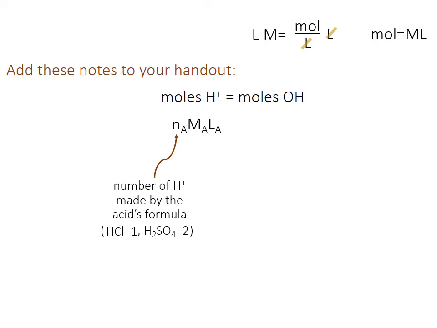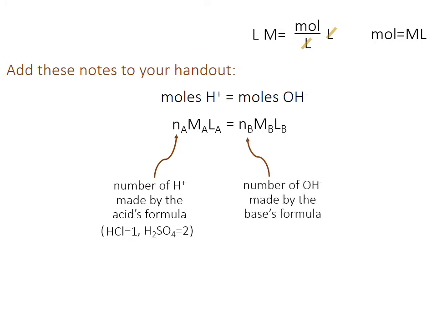Now, moles of base is going to depend on NbMbLb: the concentration of the base multiplied by liters of the base multiplied by how many hydroxide ions the base's formula makes. So Nb represents the number of hydroxide ions made by the base's formula. If it was NaOH, sodium hydroxide makes just one OH-, so Nb would equal 1.